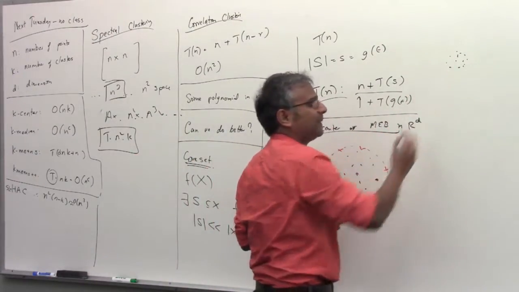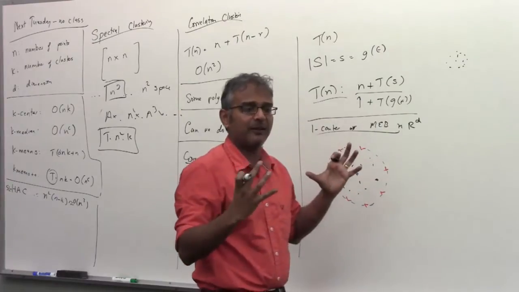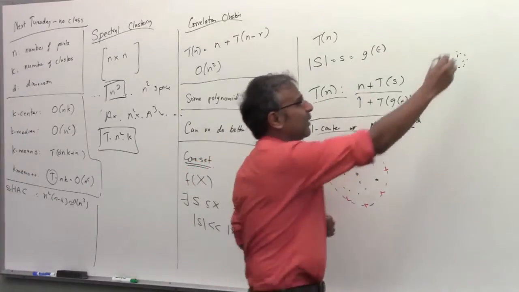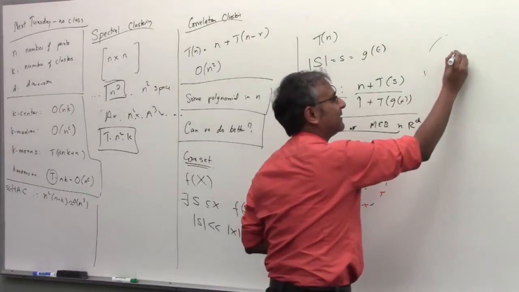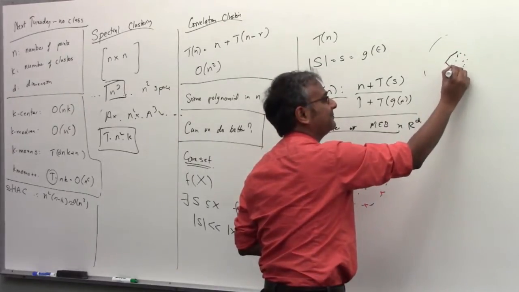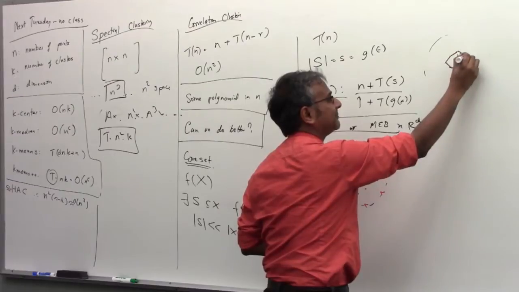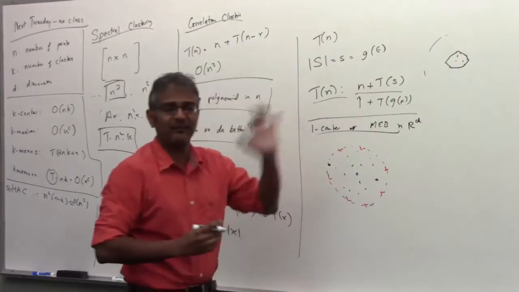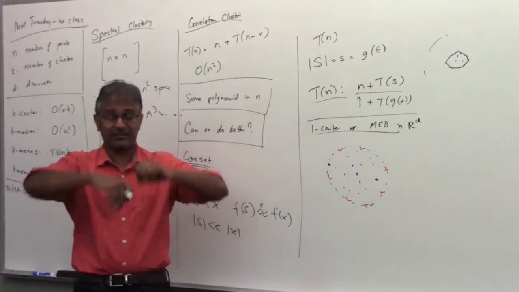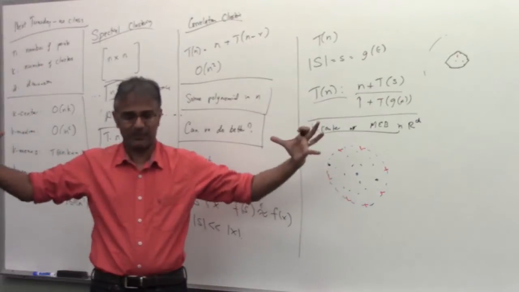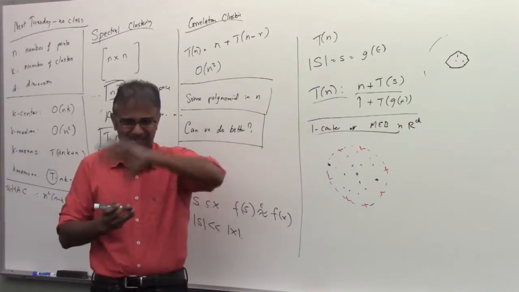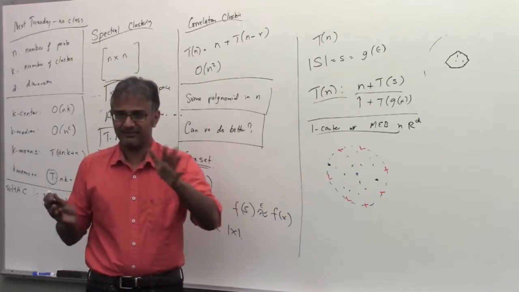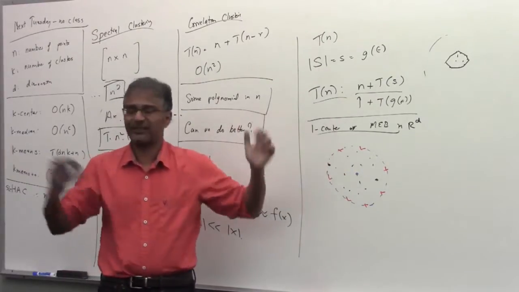Take a bunch of points in the plane, take a gigantic rubber band, let it go around them, and let it snap. You'll get some kind of thing like this. That's a convex hull. In 3 dimensions, take a gigantic rubber sheet, let it go. You get this polyhedron. That's a convex hull. So it's like the stuff on the outside. That makes sense? Okay.